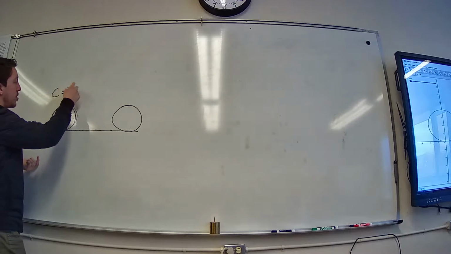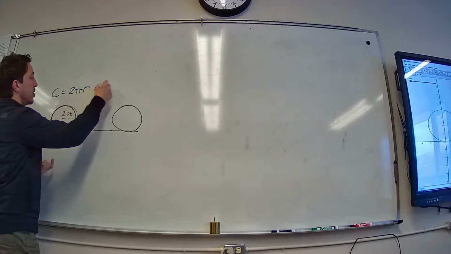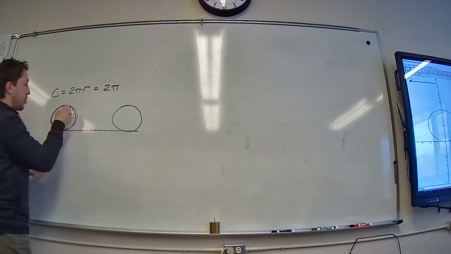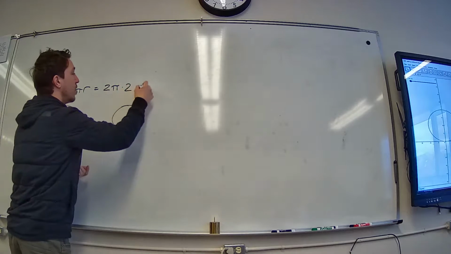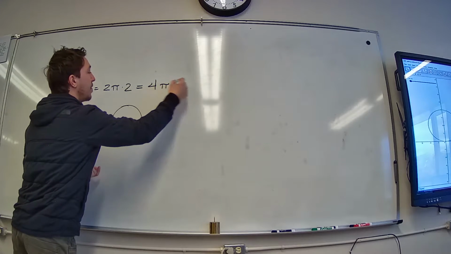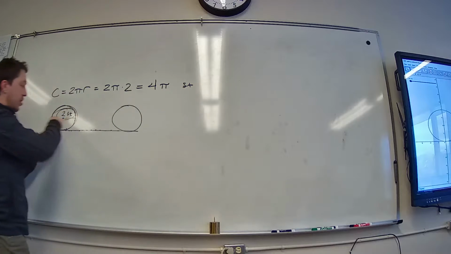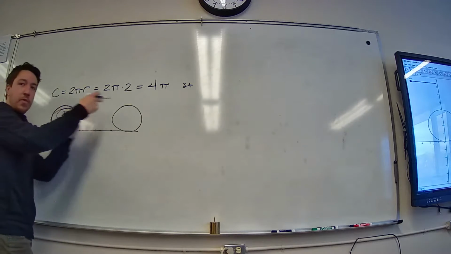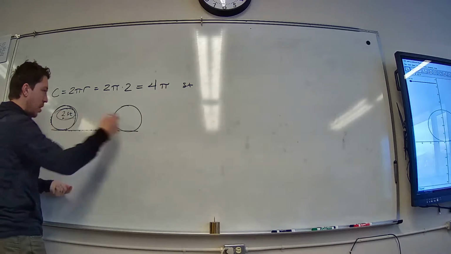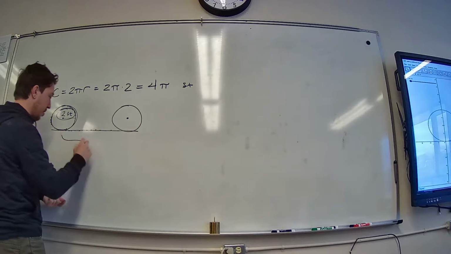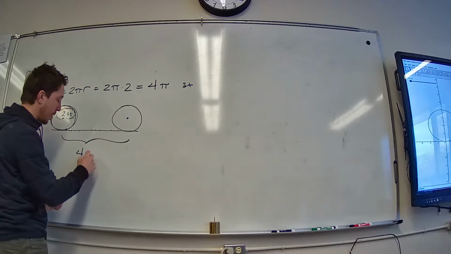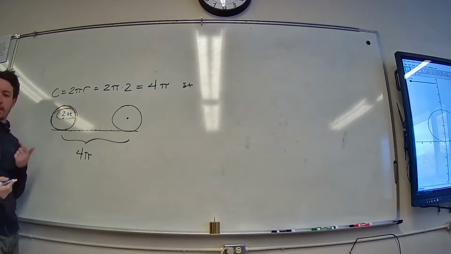The circumference is 2 pi r, so in this case 2 pi times the radius of 2, so 4 pi feet is the circumference. So when it does one full roll, the circle will have traveled 4 pi. Does that general idea make sense?